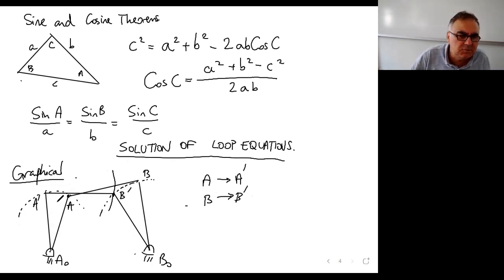Going like this all throughout that circle, you can find the position of your mechanism as this thing goes on. Or you can do the same thing, for example, for a slider crank mechanism.